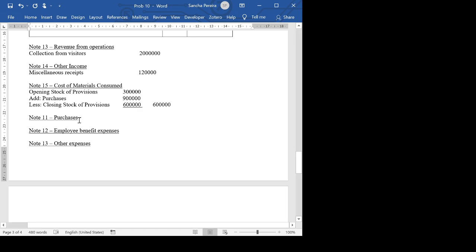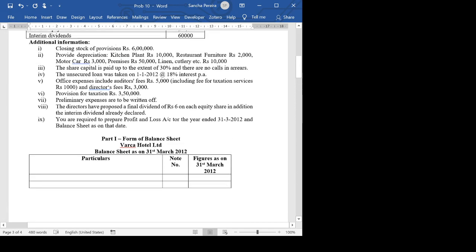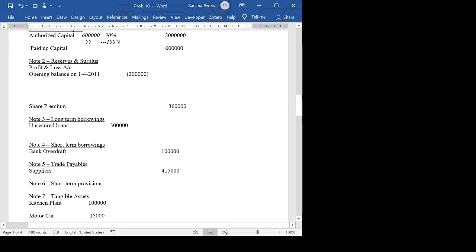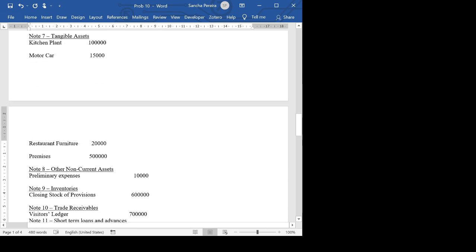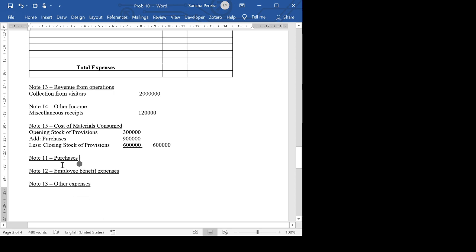We don't need purchases separately here, because last time we took purchases separately for meat and fish as there was no opening stock and closing stock. But here we have opening stock and closing stock of provisions, so separate purchases are not required.